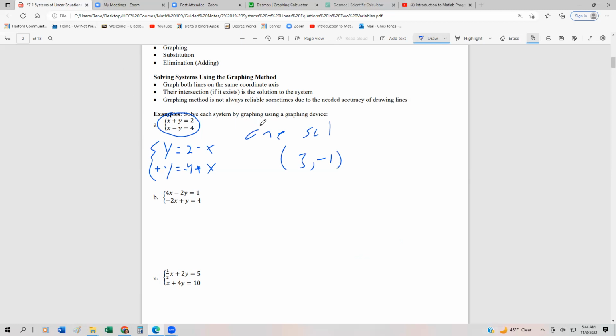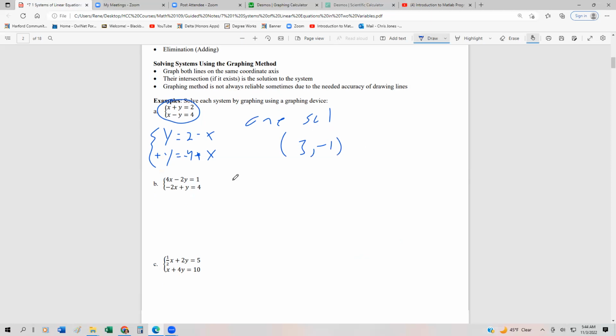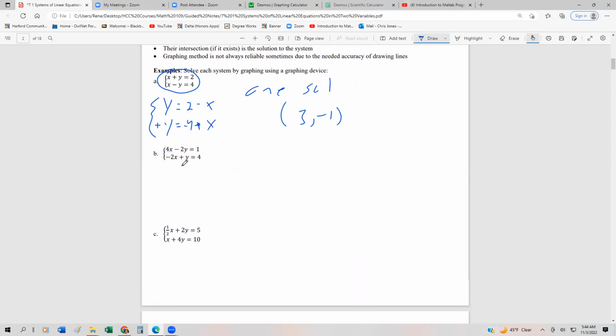Now, not every system is going to have a solution, and we're going to define these terms in a few moments as well. So again, we would have to solve both of these equations to put them into our calculator. I would subtract 4x, so for this first equation I would get -2y equals 1 minus 4x, and I would divide by -2, and so y would be equal to -1/2 plus 2x.